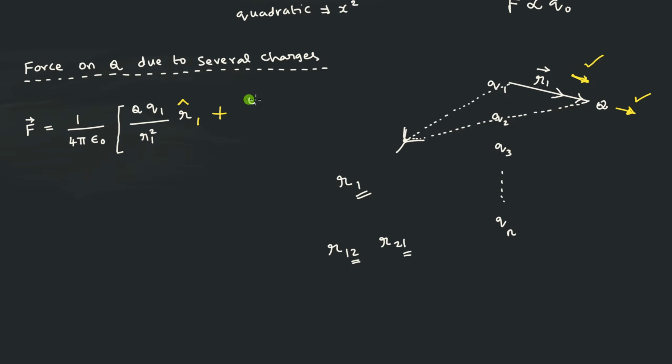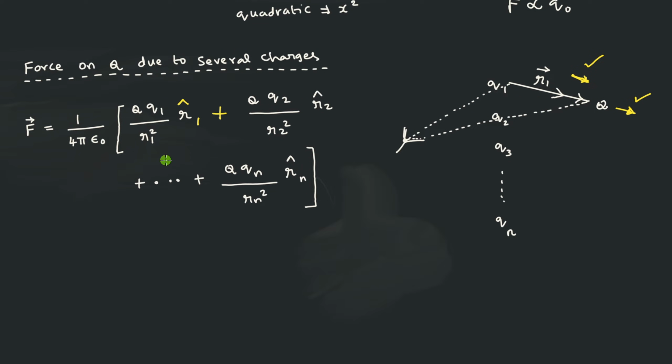That we can write like this: Q into Q2 divided by R2 square, and similarly you have an R2 cap, then plus, etc. And the last one you can write down as Q into Qn divided by Rn square, and then the corresponding unit vector will be Rn cap, and then close this bracket. And I will erase the other unwanted things. And that is what you are going to have.